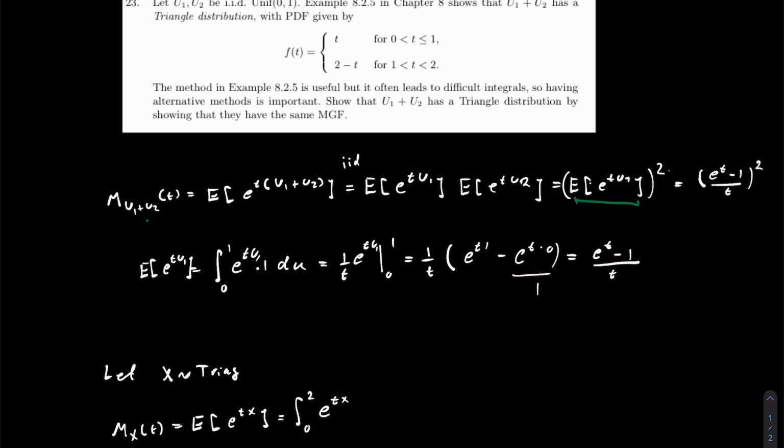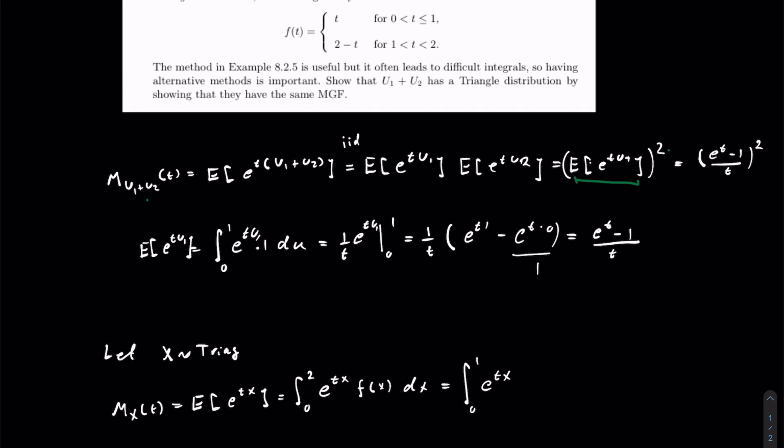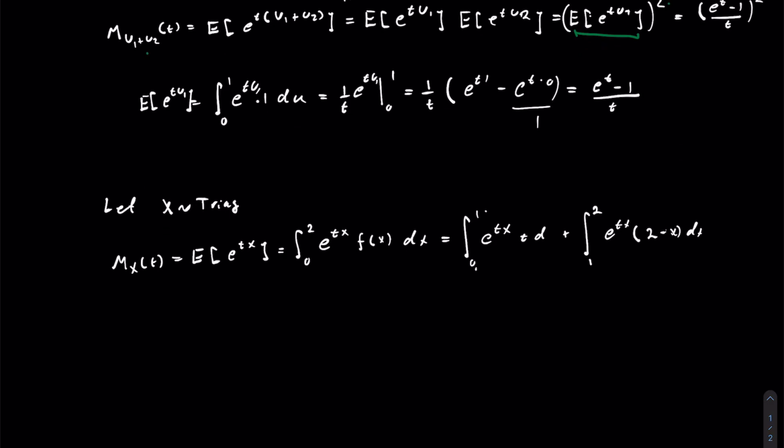Now this is not using LOTUS, we're just using the true distribution of X. Separating out these integrals, we get e to the t x, and the PDF is only x on the interval 0 to 1, and the remainder, from 1 to 2, it is 2 minus x dx.